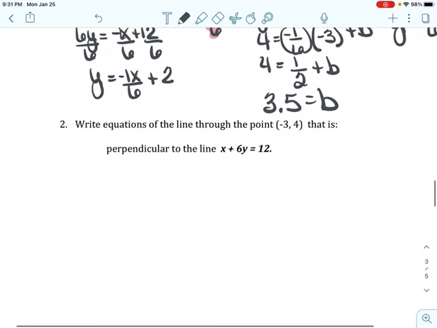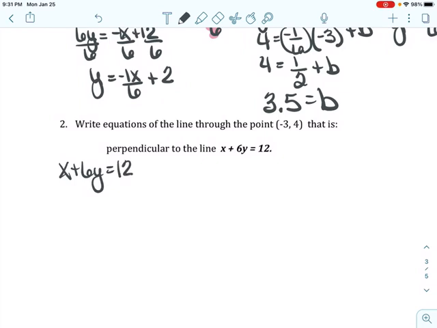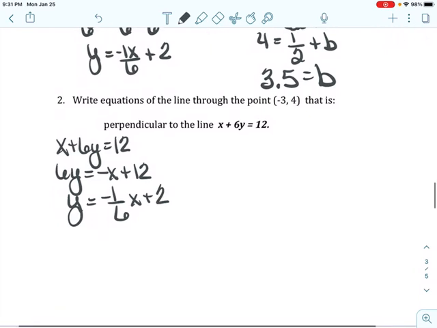We're going to use the same line, but I'm going to practice getting y by itself anyway. So x plus 6y equals 12. 6y equals -x plus 12. Y equals -1/6 x plus 2.